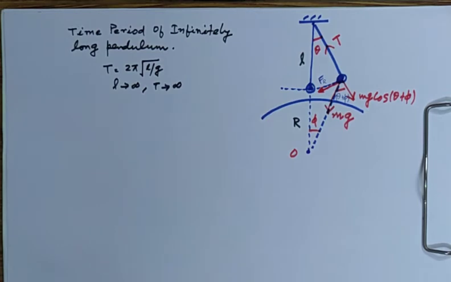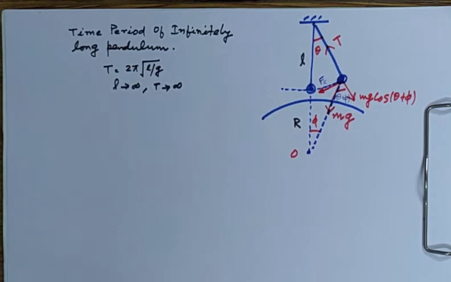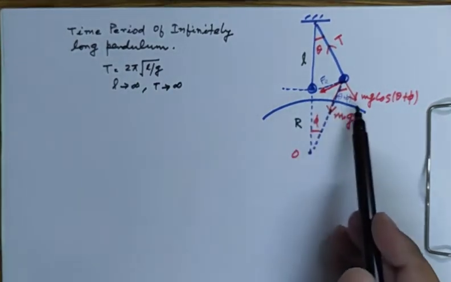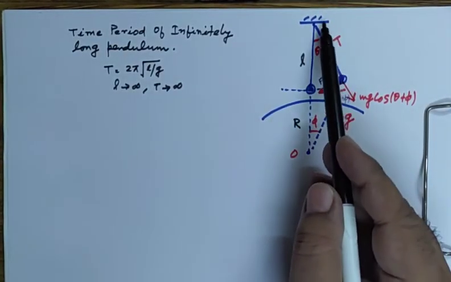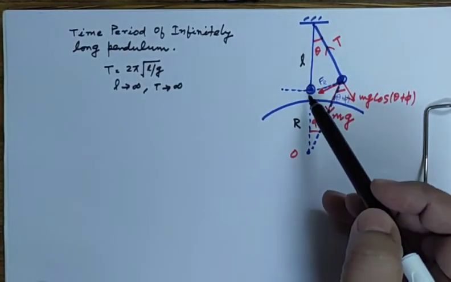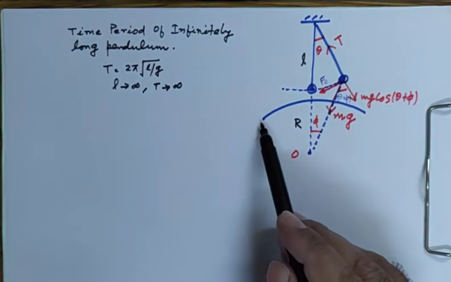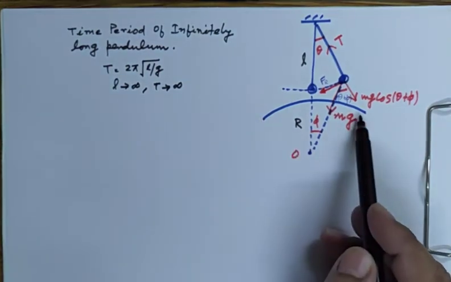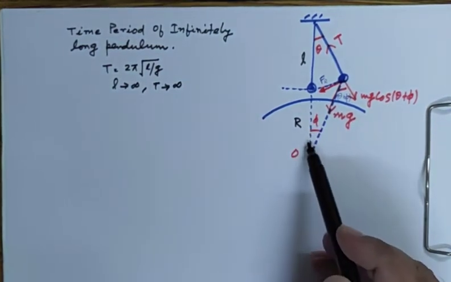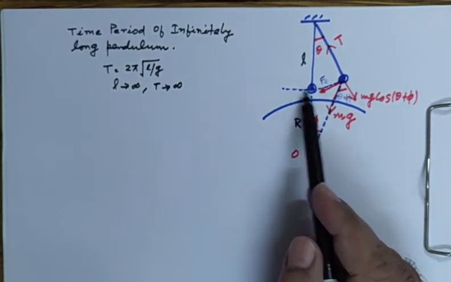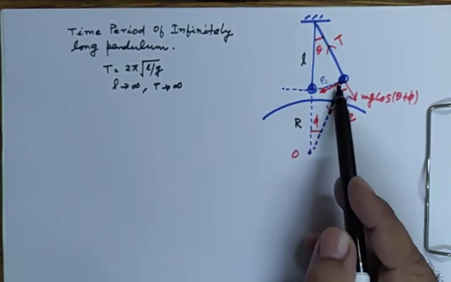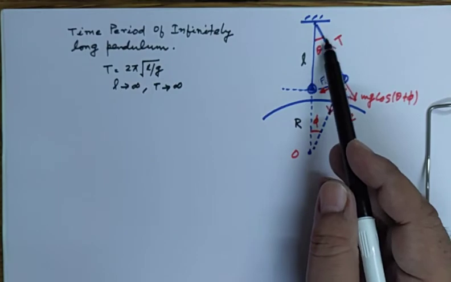So today we will learn to calculate the time period of a simple pendulum whose length is very large, meaning the length is infinite. Here in this diagram you can see a simple pendulum of length L, this is the curvature of the earth, this is the radius of the earth, and the pendulum is oscillating with angular amplitude θ.